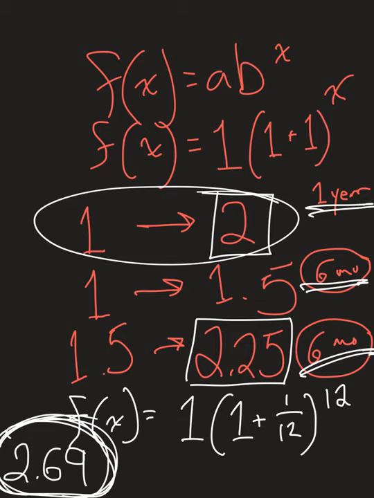I can tell you right now, if you do it every single day, you're going to get 2.71. What if you did it every single minute? What if you did it every single second? What if you did interest compounding continuously? That's where we see E.